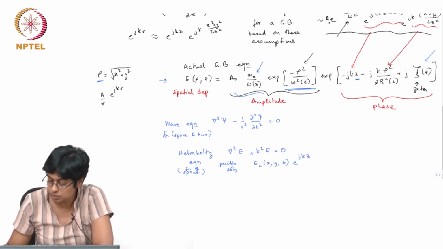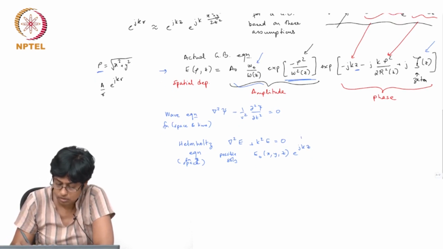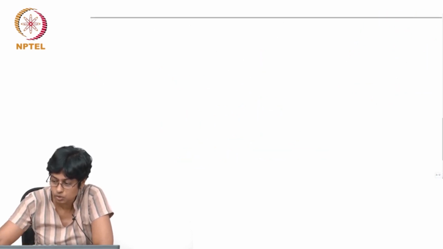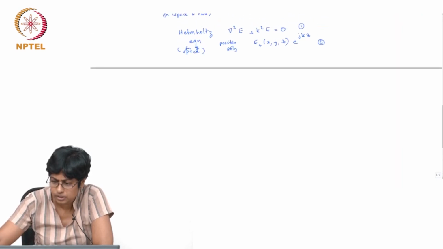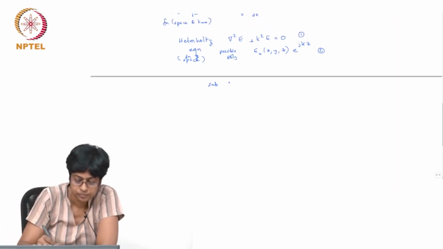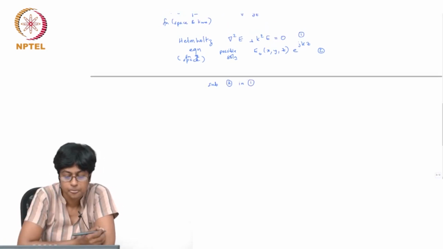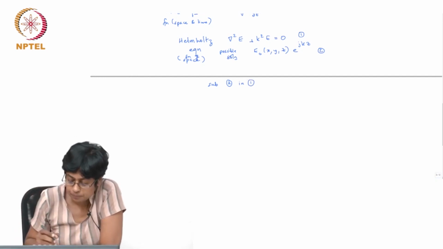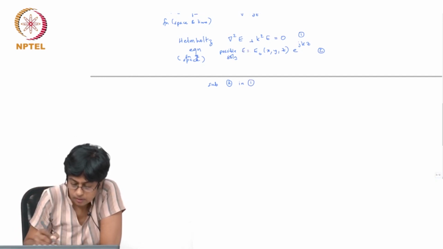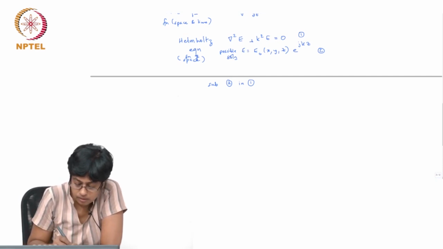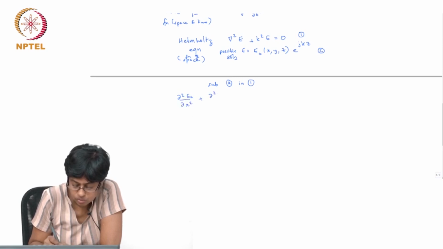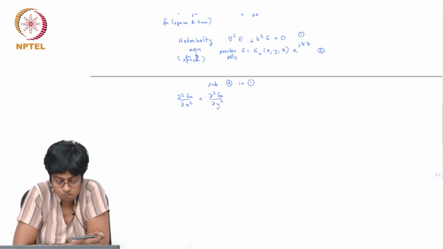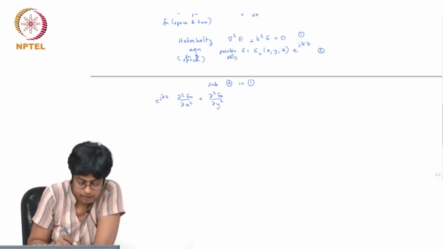Now, let's call this equation 1 and this equation 2. If I substitute equation 2 in equation 1, I'm going to get, so this is E, dou squared E naught by dou x squared, dou squared E naught by dou y squared. Of course, there's an e power j k z there.